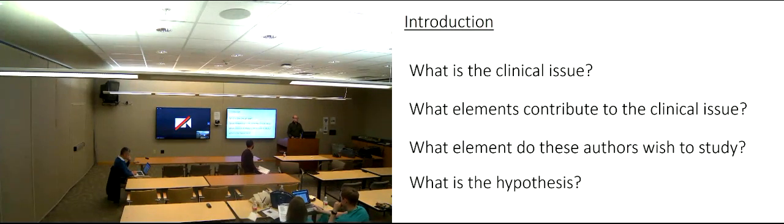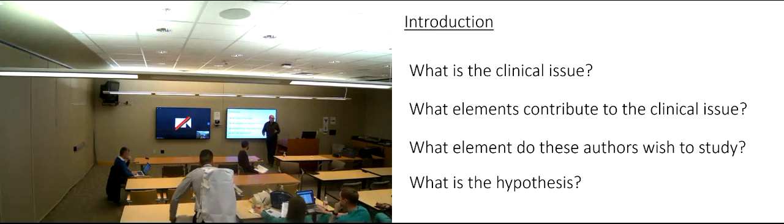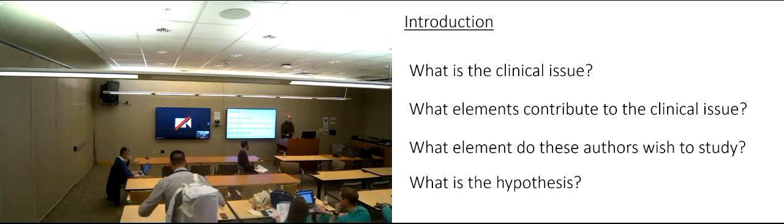So that gets us to where I always like to go. The most valuable part of the introduction is the hypothesis. So now we've identified the problem. We're trying to get, okay, what are all the things that might contribute? Which one area are they most interested in? And then what is their hypothesis?